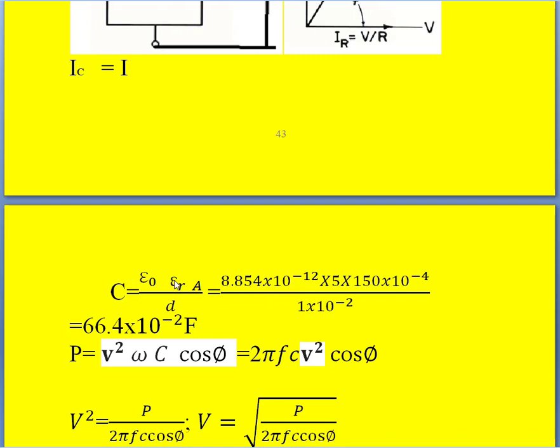So when we substitute epsilon naught, epsilon R, the area of the dielectric material surface in meter square and the thickness also in meters, we get 8.854 into 10 power minus 12 into 5 into 150 into 10 power minus 4 divided by the thickness, given as 1 centimeter. When we convert into meters, we get 1 into 10 power minus 2 meters. When we simplify all these, we get 66.4 into 10 power minus 12 farads.